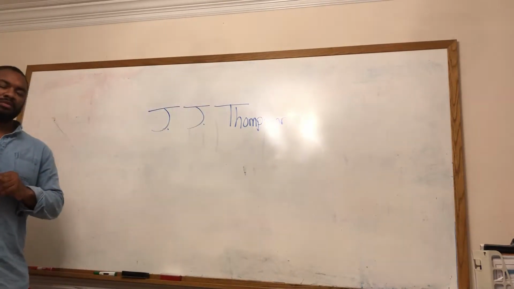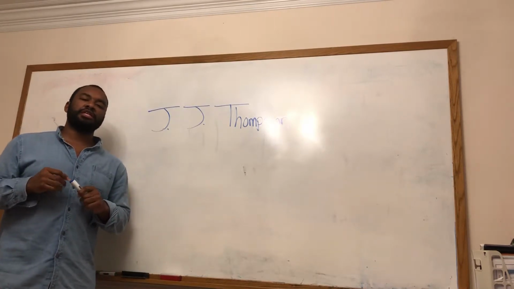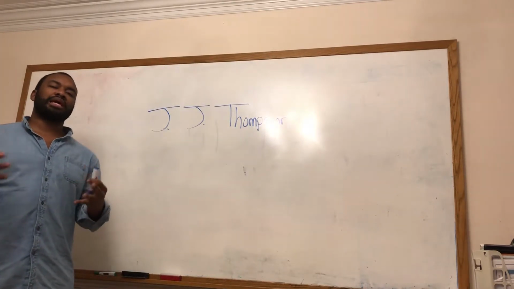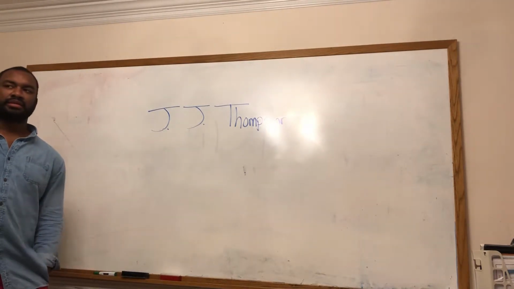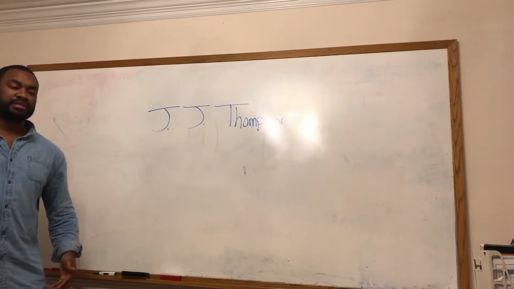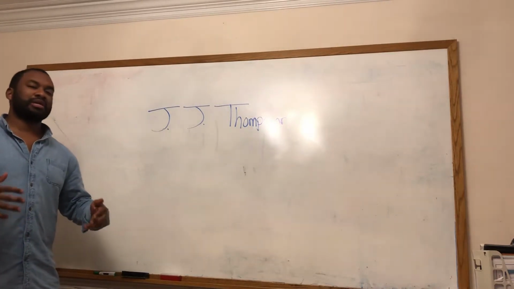He discovers subatomic particles, and he basically yields a little bit more about the composition of the atom, whereas atoms comprise elements. He said these things comprise atoms. This is what an atom is made of.